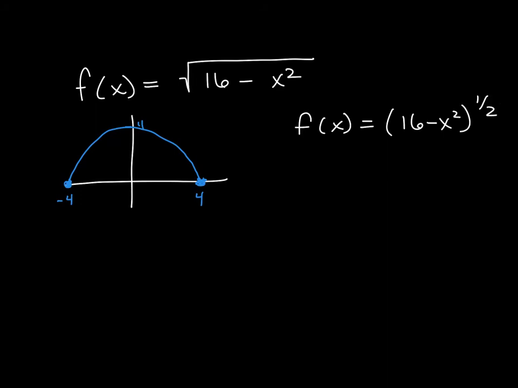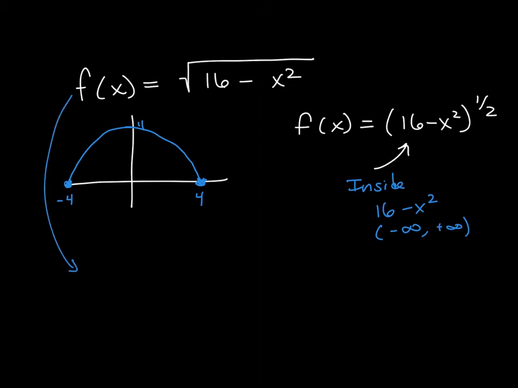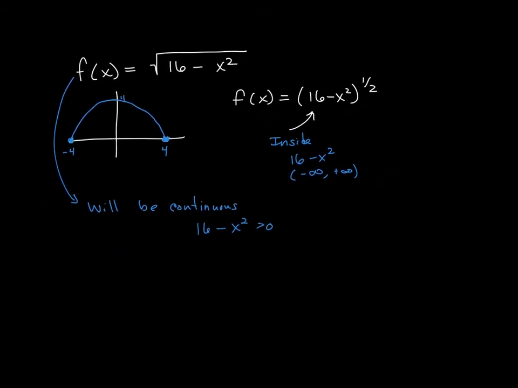So if we look at the inside function, where is that continuous? What does our definition say? It says that this will be continuous when 16 minus x squared is greater than 0. We'll have to check the limit parts for both ends.